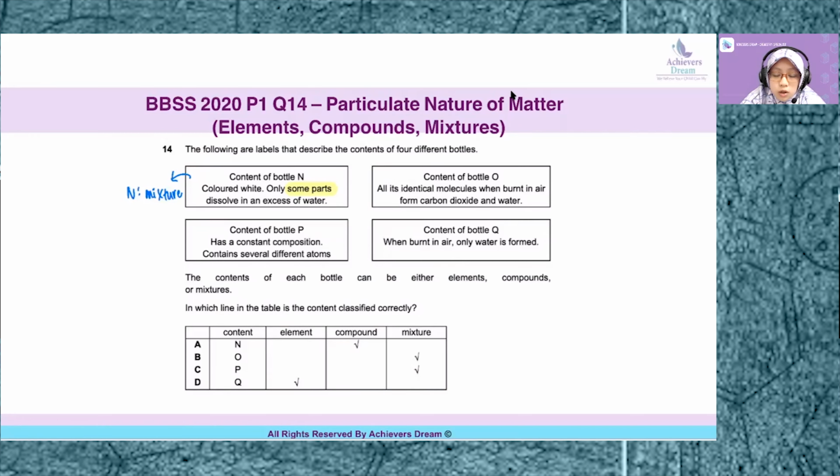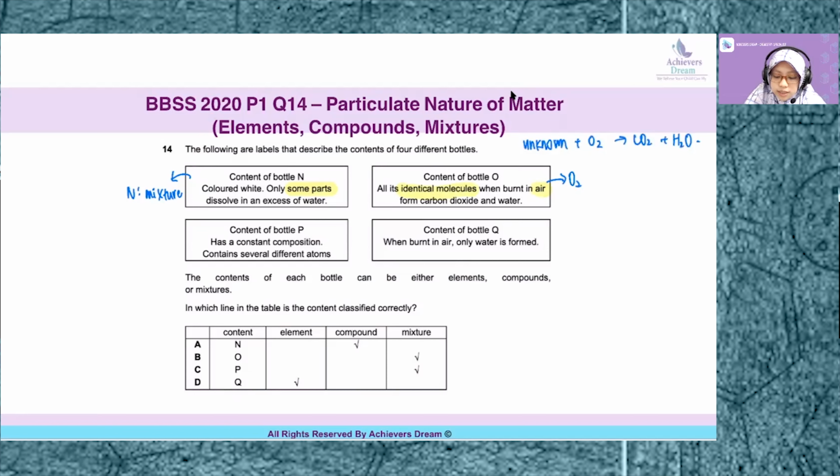If there are different substances that are not chemically bonded together, this is what we define as a mixture. Content of bottle O, all of its identical molecules, when burnt in air or in oxygen, forms carbon dioxide and water. So let's say we have an unknown. Unknown plus oxygen gives carbon dioxide and water.